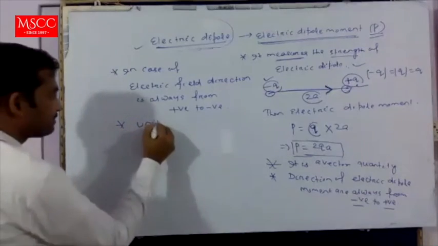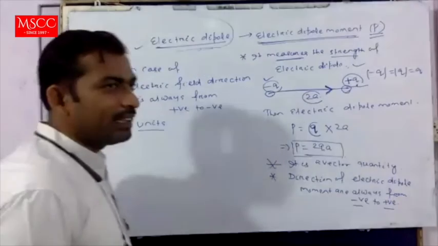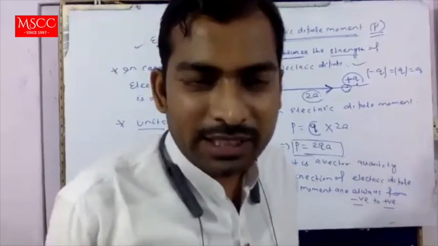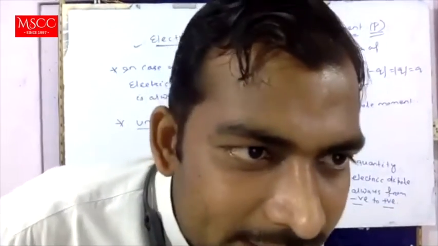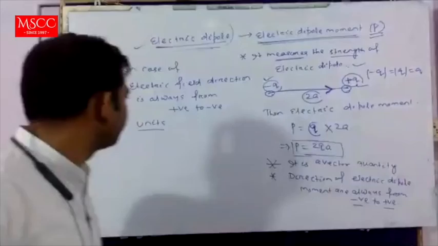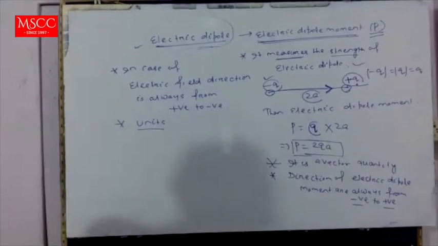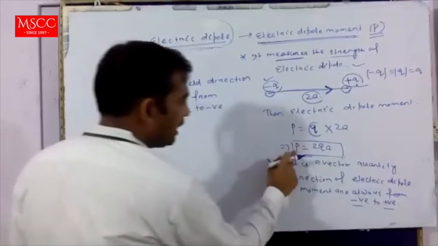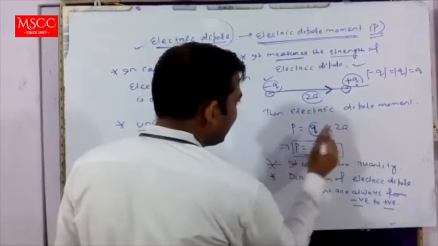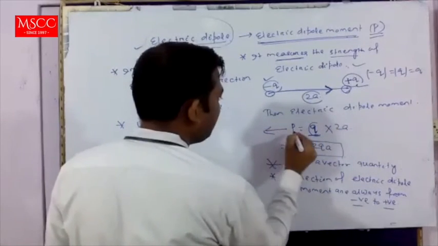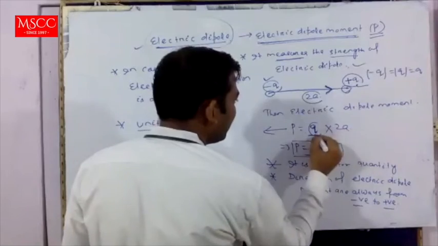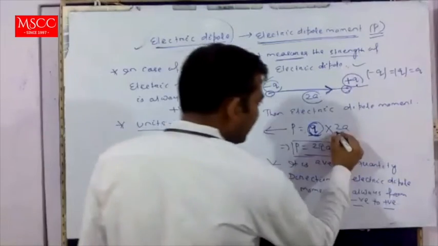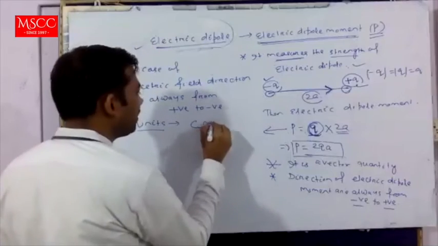Next, units of electric dipole moment. Here P equals q into 2a. q is the charge whose unit is coulomb, and 2a is a distance, that is meter.